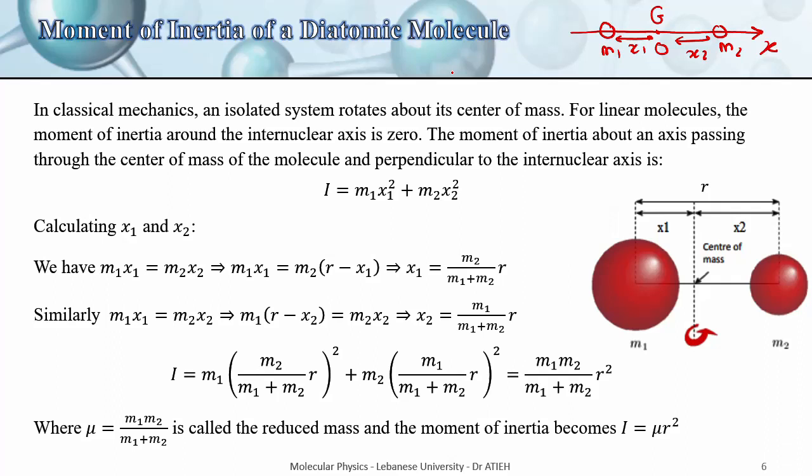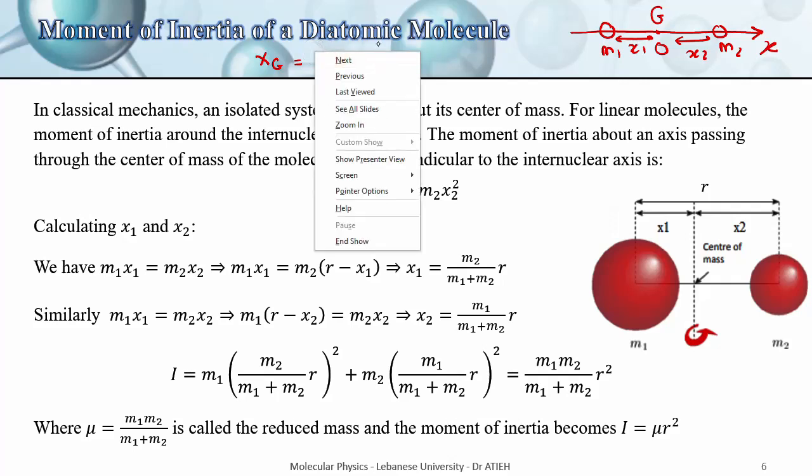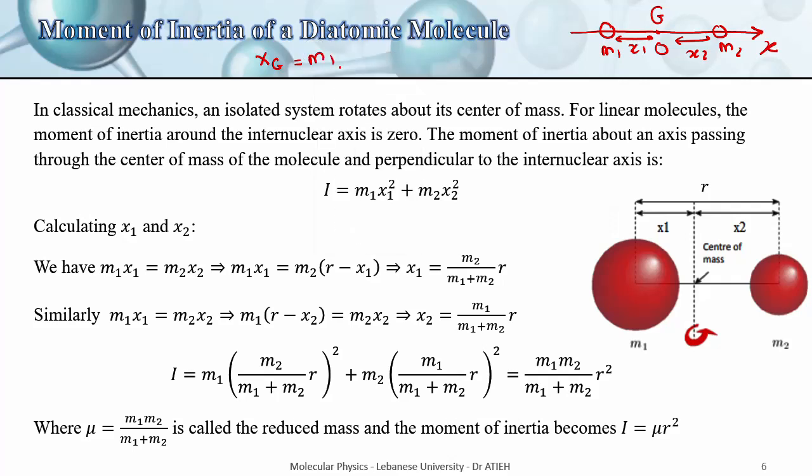So let's write the formula for the center of mass. xg will be equal to m1 times the abscissa of the first atom of the molecule, which is minus x1, because the abscissa must be negative and x1 is defined to be a positive distance, plus m2 x2, over m1 plus m2.